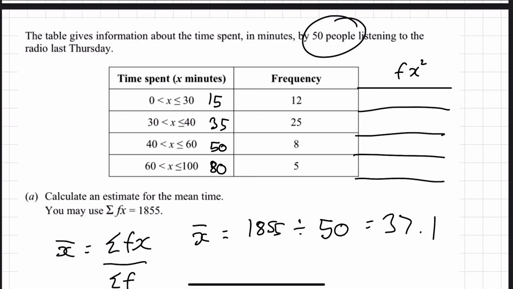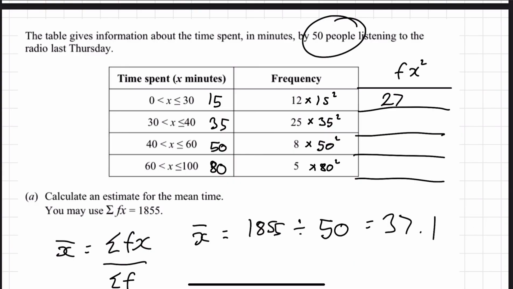And remember, we're doing f times x squared. So 25 times 35 squared times 50 squared times 80 squared, which will give us our fx squared column.